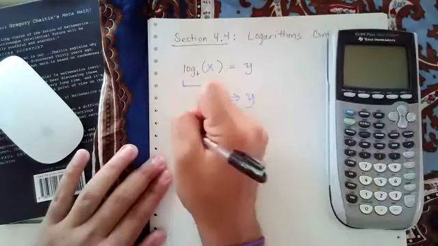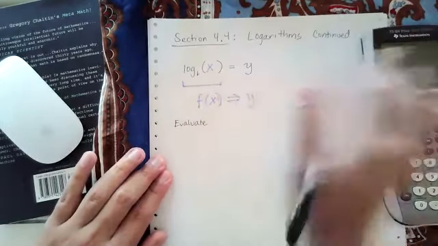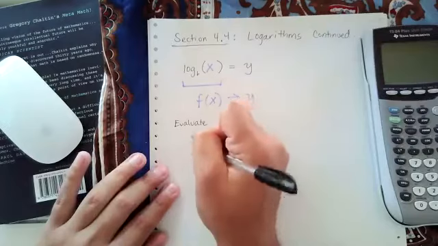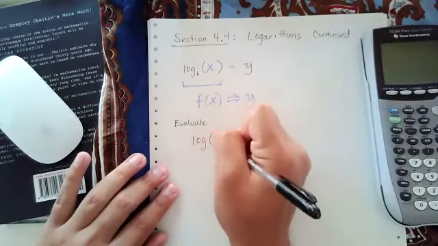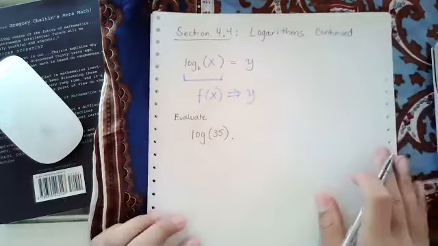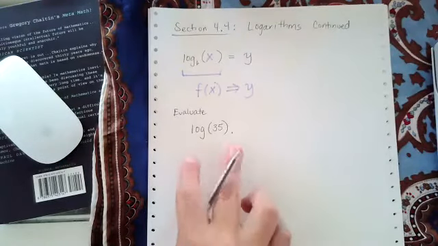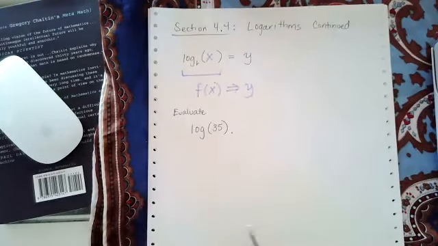For instance, if I said evaluate or simplify the expression log of 35, right? The question might say evaluate log 35. There's a lot of stuff that goes unsaid here.